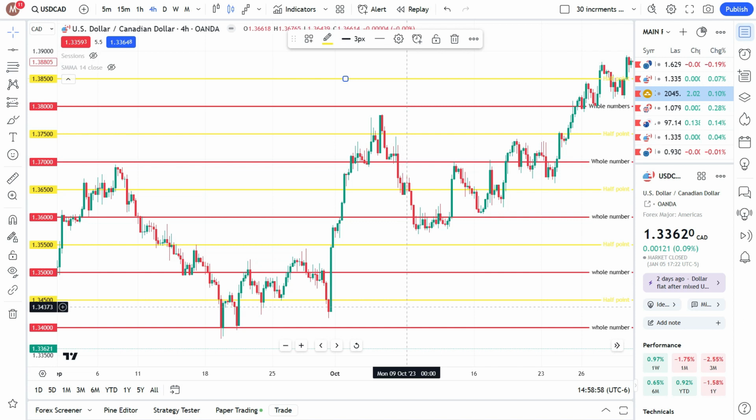The next step, if you want to mark up the 250s and the 750 areas in between these points, you can. I'll just do it for the first part so that you can see an example.